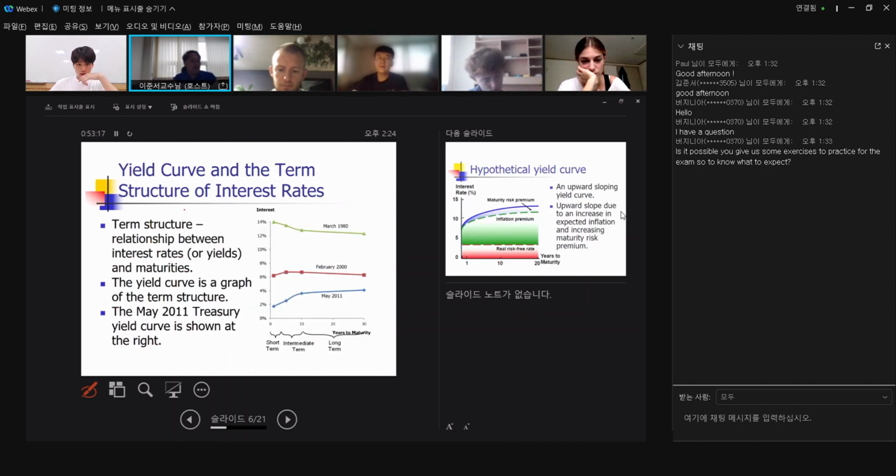Now the third topic is yield curve and time to maturity. As I told you, the term structure presents the relationship between interest rate, or yield to maturity, on the y-axis and time to maturity on the x-axis. The time to maturity is the period to wait to get the principal.